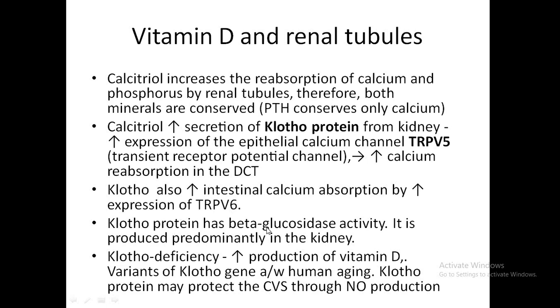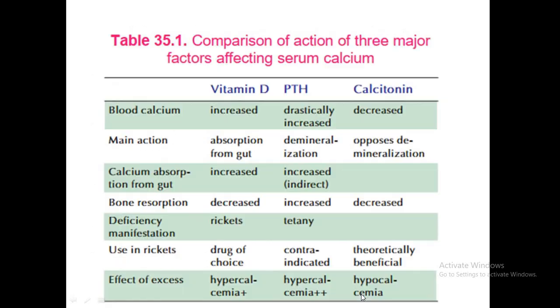This protein has beta glucosidase activity, and klotho is produced predominantly in the kidney. Klotho deficiency will result in increased production of vitamin D, and variants of the klotho gene are associated with human aging. It may also protect the cardiovascular system through nitric oxide production.